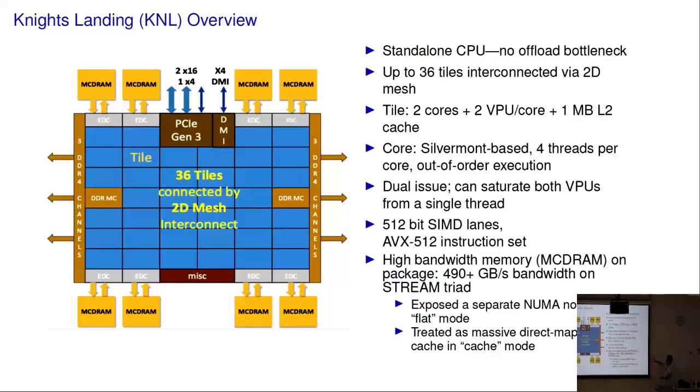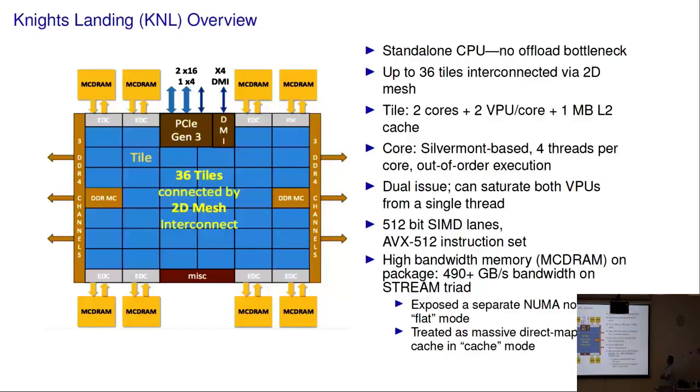But also, a lot of the things that first appeared in Knights Landing, like this mesh interconnect and the AVX512 instruction set, have made it into Intel's mainline Xeon server processor line, because the Skylake Xeon server has this mesh interconnect and has AVX512. So it was still useful to think about this stuff.